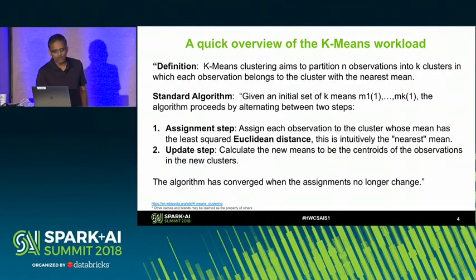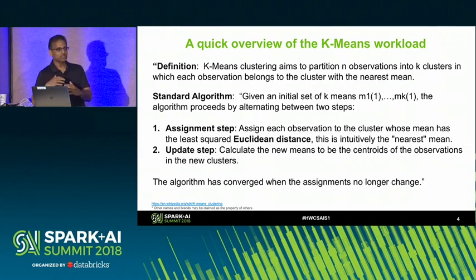And just a quick overview of Kmeans here. It's the definition from Wikipedia. It's one of the oldest and most commonly used clustering algorithms. Basically, what Kmeans does is it groups the given set of observations into clusters by determining the nearest mean for each observation, based on the nearest mean of the cluster. And it's an iterative process.